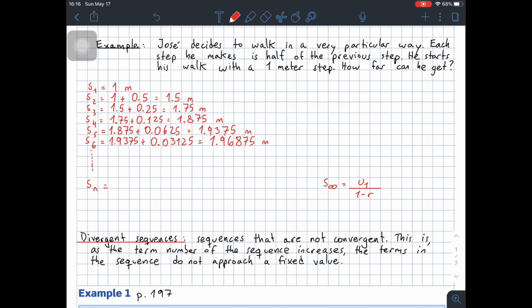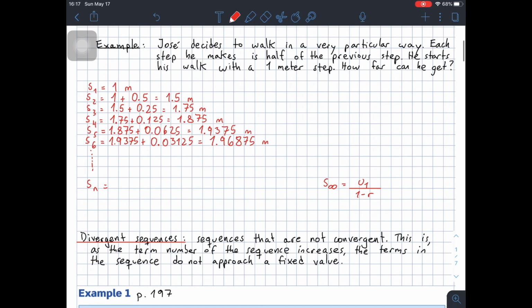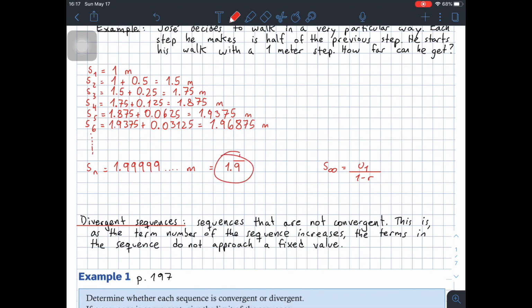So we're converging to a value, which, if we keep on doing this, would be 1.99999 and so on meters. So we could write this as 1.9 and this keeps on going up to infinity. So it's converging to 2.